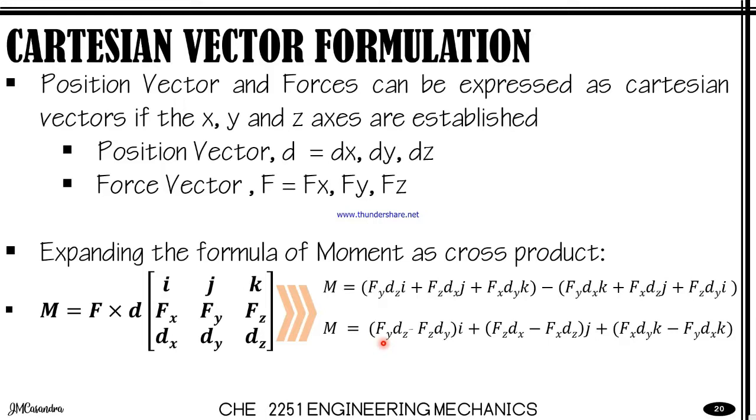We'll only have a negative value for this, since in your module this is d times f. So Cartesian vector formulation simply means that we express the values of our moments in terms of our unit vectors. So this now becomes Mi, Mj, and Mk.